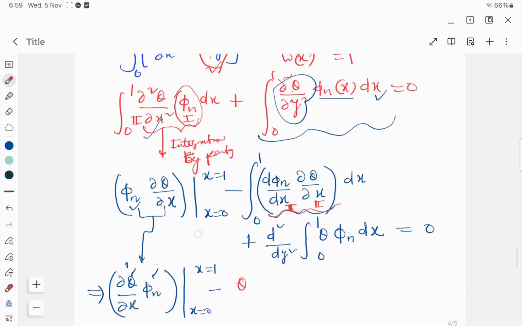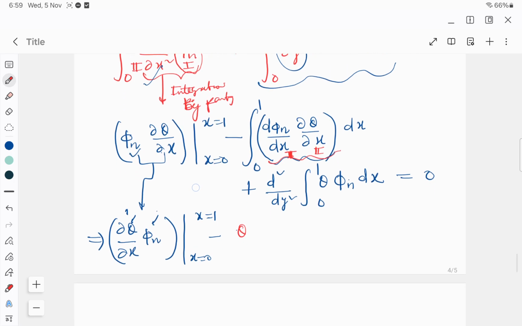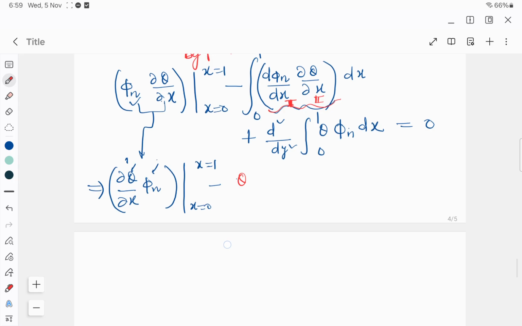So first, second, we have to do now. So del theta over del x: first you will write d phi n over dx, and the integration of second, that is del theta over del x. If you integrate it, then you will get theta only, because this is the derivative of theta.